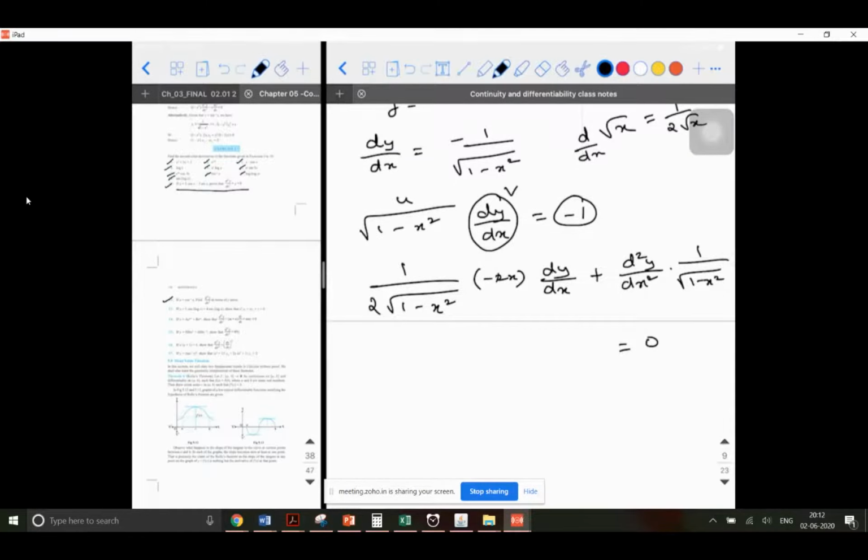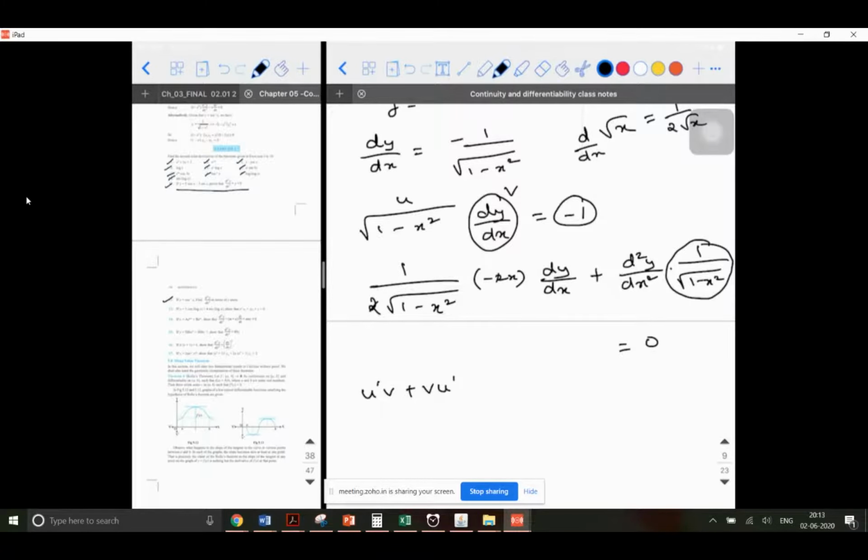Sir, how is it 1 by root of 1 minus x square? It's u v dash plus v u dash, right? So it should be d square y by dx square into root of 1 minus x square, not 1 by root of 1 minus x square. I did u dash v plus v u dash.